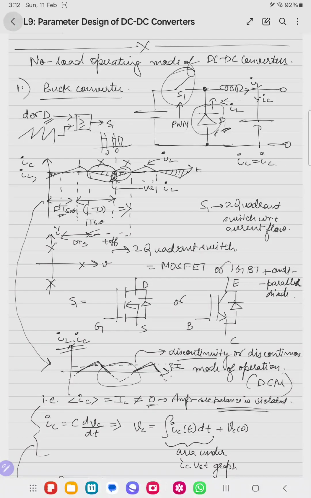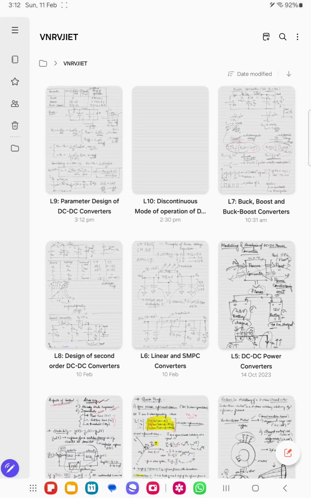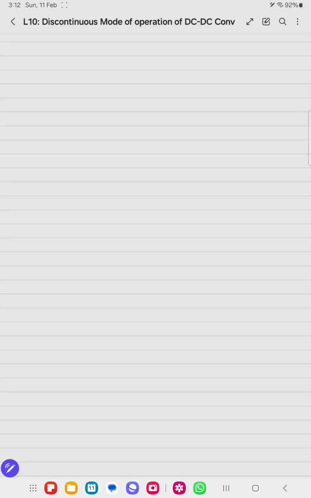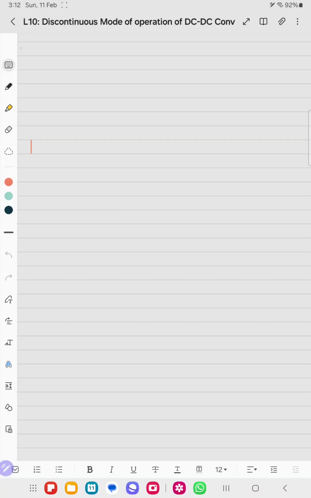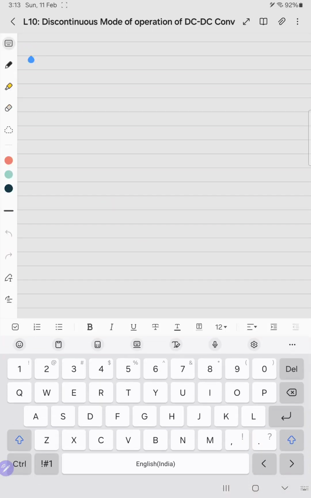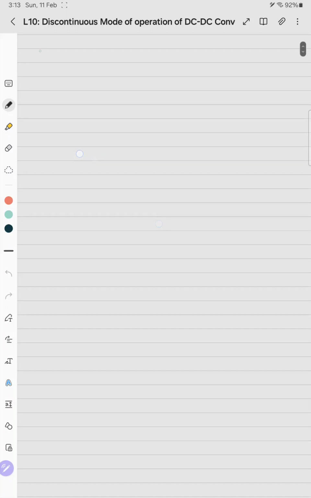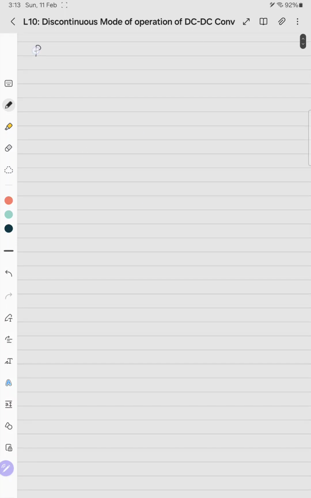So in the discontinuous mode of operation, we will see the reasons for discontinuity for a random DC-DC converter.